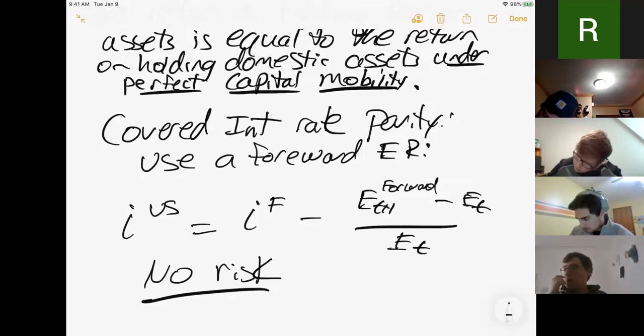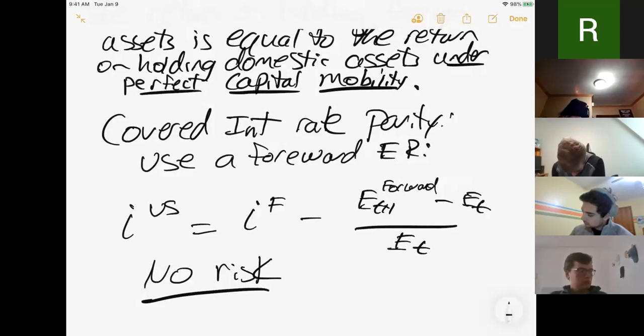But a forward exchange rate has to be an option, right? It's not possible to get a forward exchange rate for every exchange rate in the world. So, you can get forward exchange rates between dollars and pounds or dollars and euros, but you're going to have a hard time getting a forward exchange rate between, for instance, the US dollar and the Uruguayan peso, because Uruguay is not a particularly big player in international financial markets.